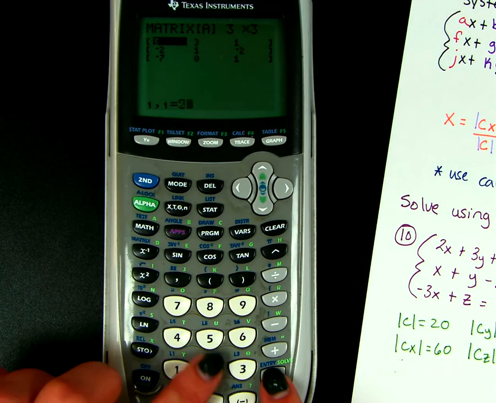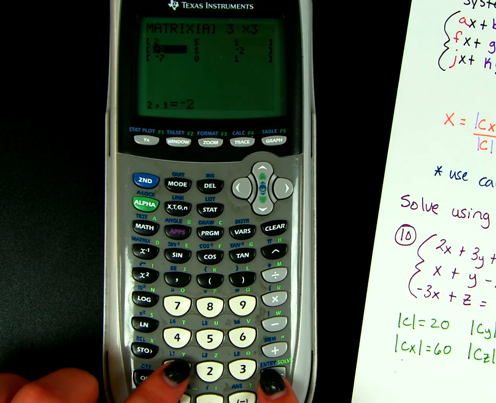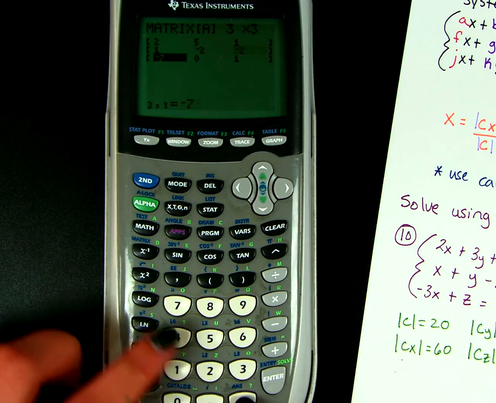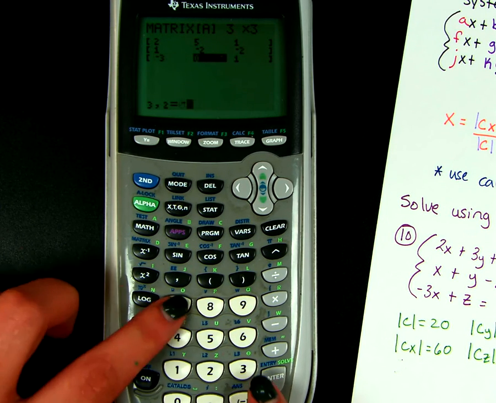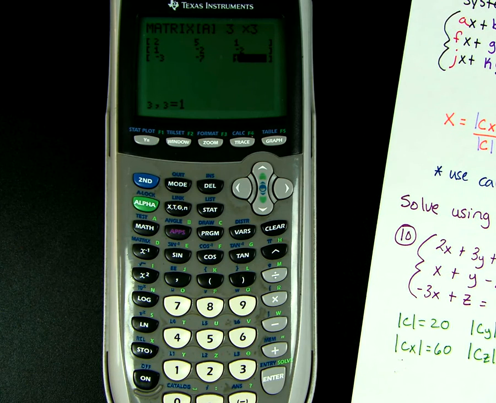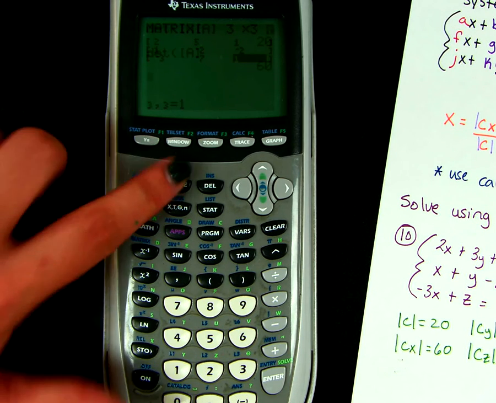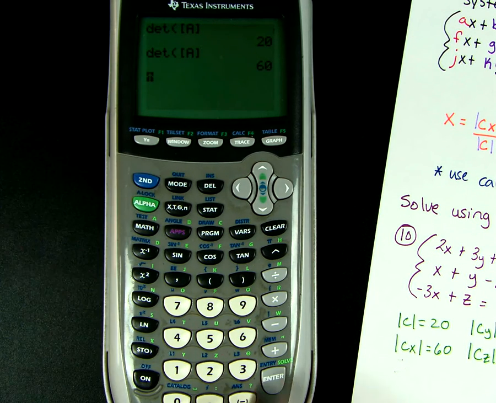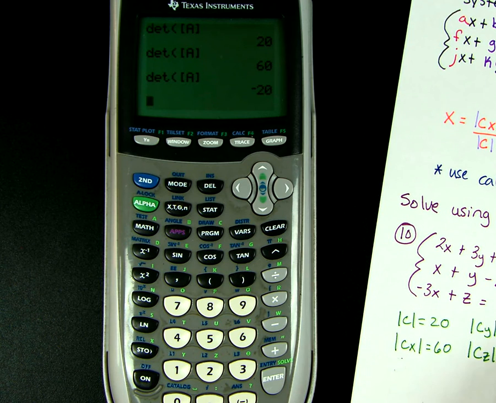So 2, 5, 1, 1, -2, -2, -3, -7, and 1. Again, I'm going to quit, and then press second enter to redo my previous operation. Since we updated matrix A, it's going to use that for the determinant. So I'm just going to press enter. Okay, so we have -20 for that.